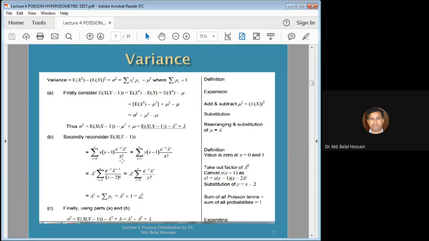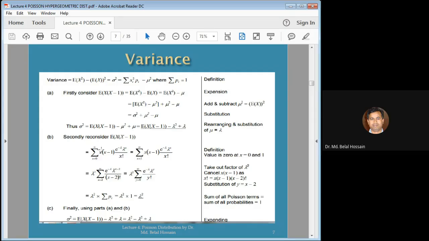তো দুইটা টার্ম বের করে নিলে কী হয়, x ইনটু x মাইনাস 1 ইনটু x মাইনাস 2 ফ্যাক্টোরিয়াল, দেখছেন x মাইনাস 2 ফ্যাক্টোরিয়াল এখানে থাকলো, আর x ইনটু x মাইনাস 1 এটার সাথে ক্যান্সেল আউট হয়ে চলে গেল। তার জন্য এখানে যেহেতু x মাইনাস 2, এই ল্যামডার পাওয়ার থেকে আমরা দুইটা ল্যামডা মানে ল্যামডা স্কয়ার বাইরে বের করে নিয়েছি, ফলে ল্যামডা টু দি পাওয়ার x মাইনাস 2 হলো। So that if we consider x minus 2 equals y, তাহলে আমরা এটা পাবো e to the power minus lambda, lambda to the power y divided by factorial y, that is actually our py. কাজেই summation of py equals 1.